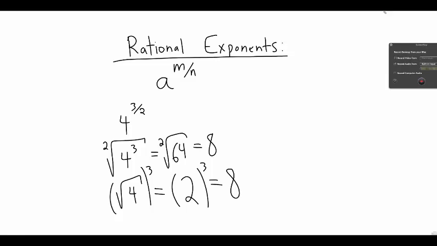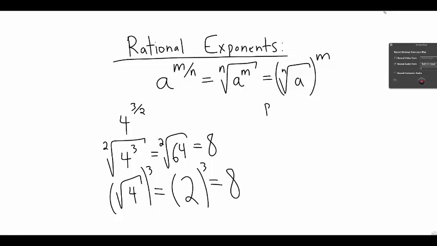That leads us to define a to the m over n as either a to the m followed by the nth root, or the nth root of a all to the nth power.